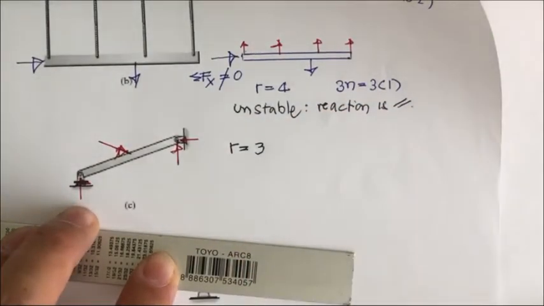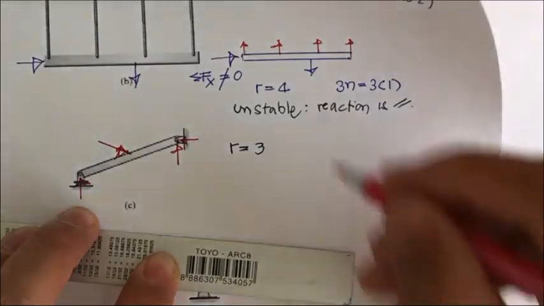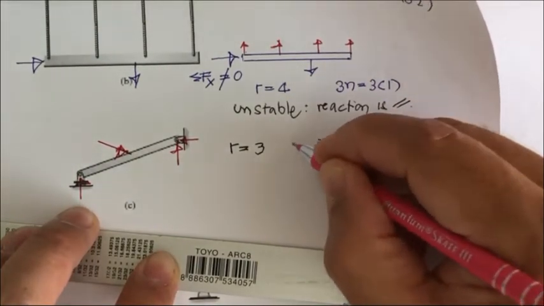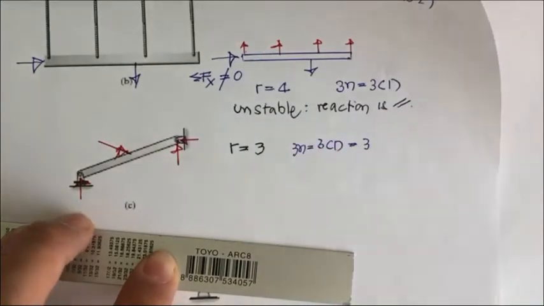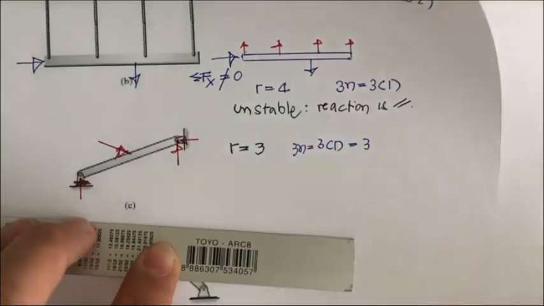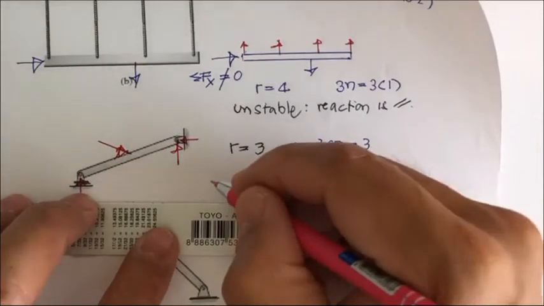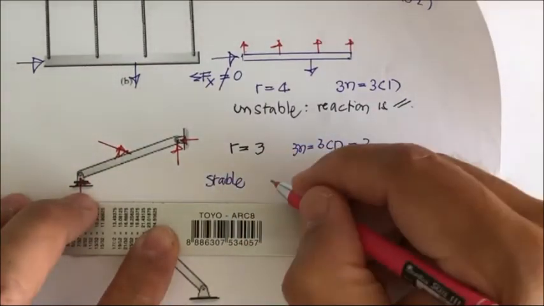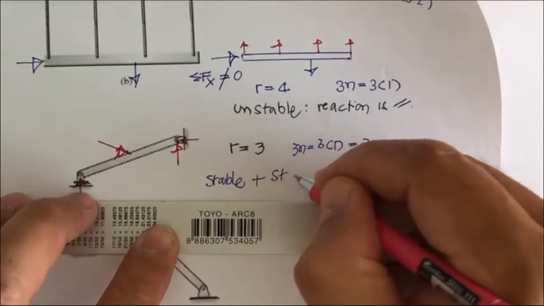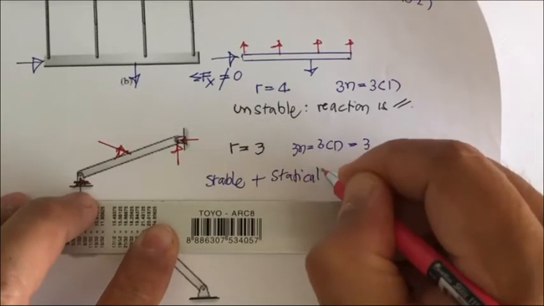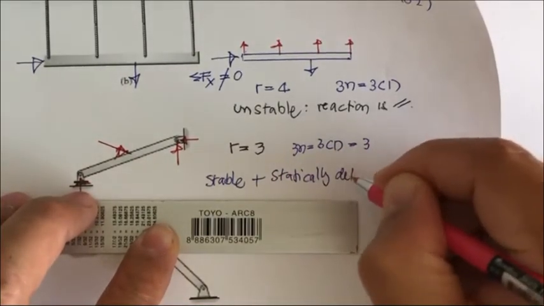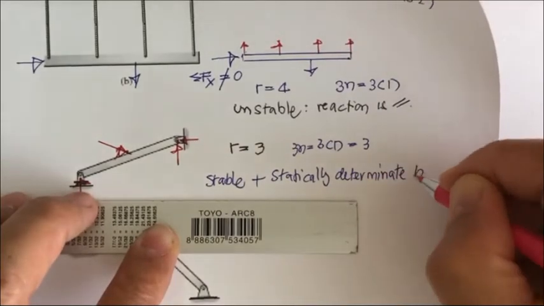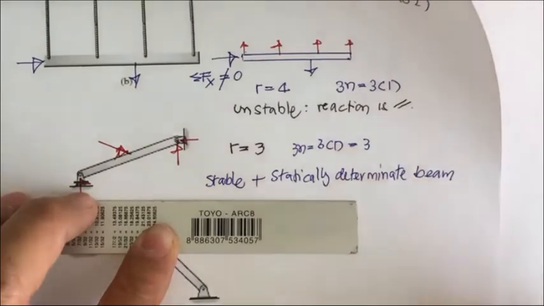And then the 3n, we have what? 3 times 1 is 3. That is 3n equal to 3 times 1. So R is equal to 3n. The structure is going to be stable. Stable with what? Stable with statically determinate, and then beam. Okay.